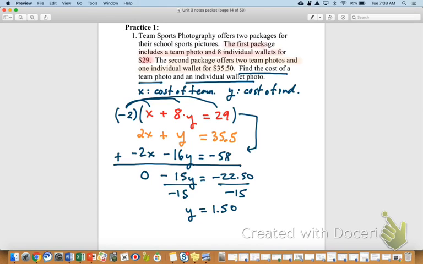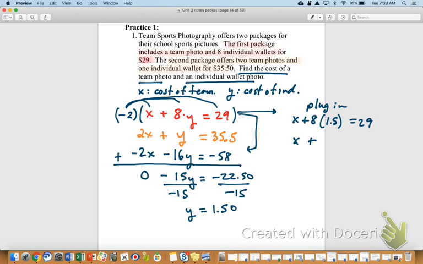And then I still have to find the x. So I think I can use any one of my equations. I think I will use this first row, this top equation. So if I plug back in, I get x plus 8 times 1.5 equals 29.